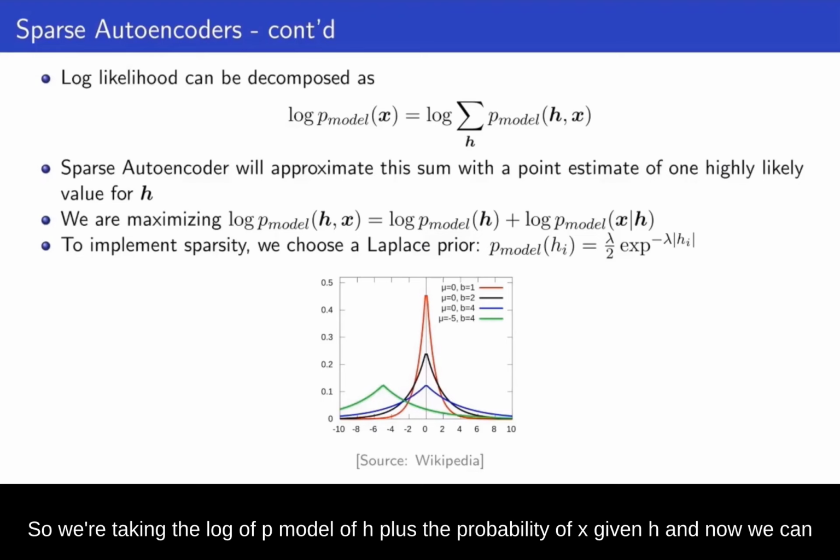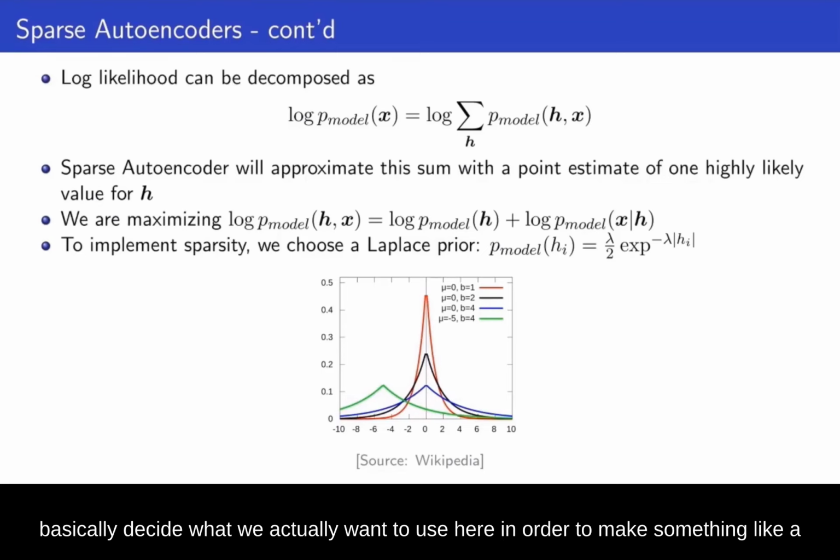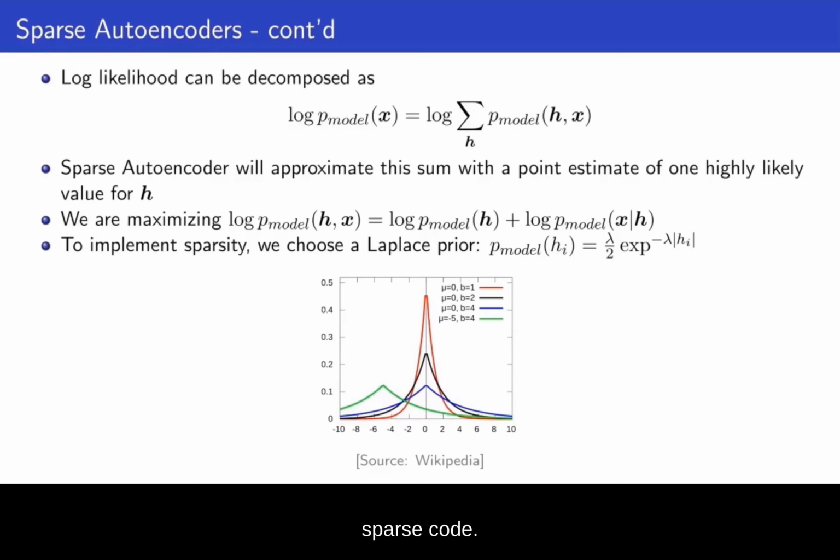So we're taking the log of P model of H plus the log probability of X given H, and now we can basically decide what we actually want to use here in order to make something like a sparse code.